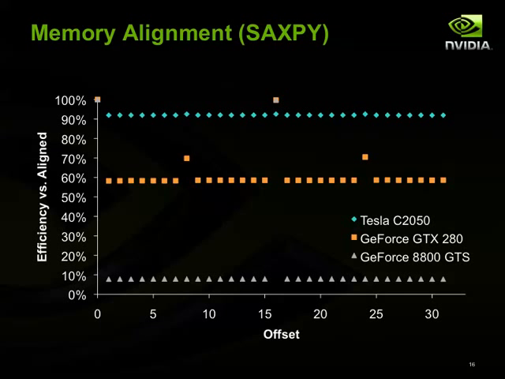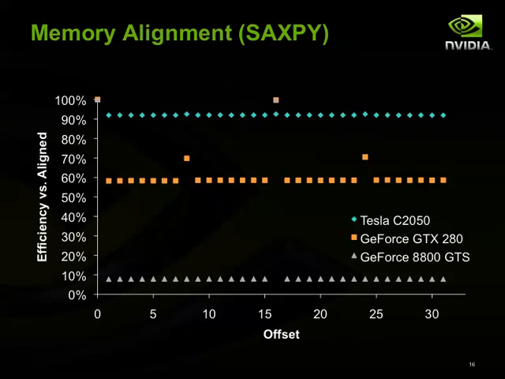If you did anything but aligned access to memory, you got a huge penalty. I just like how it's 100% at 16, and then it drops right back down to 10% on either side. Yes, so we lose over 90% of our bandwidth just by being offset by 1. And any offset other than a multiple of 16 in this case was going to give us that result.